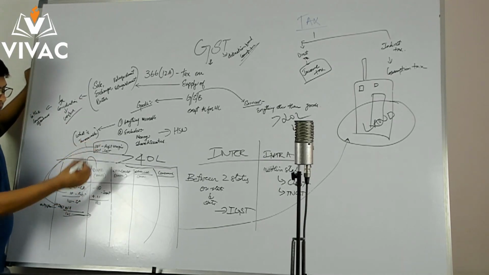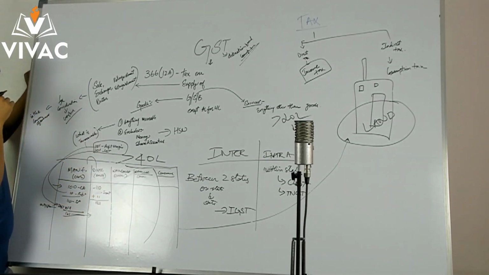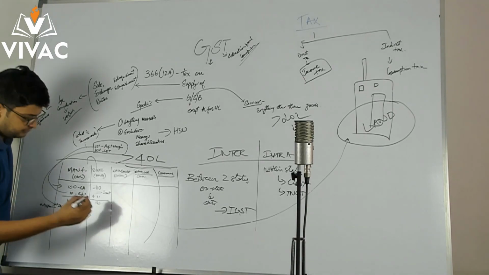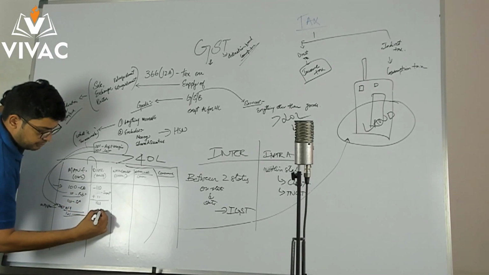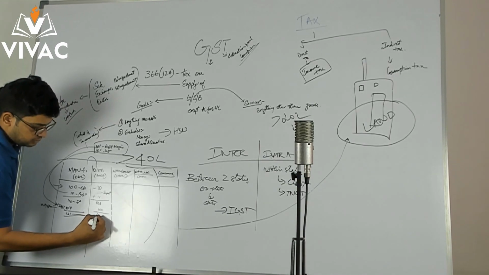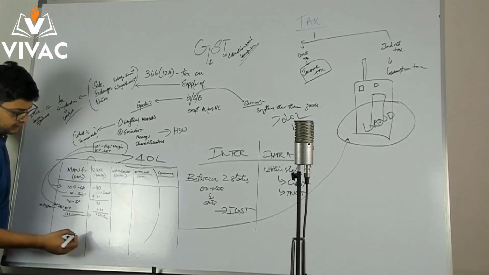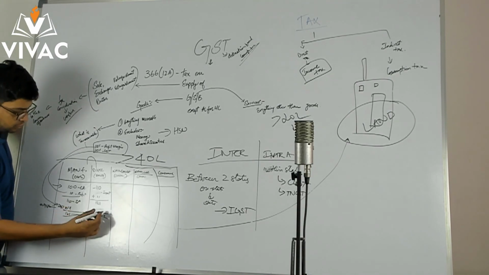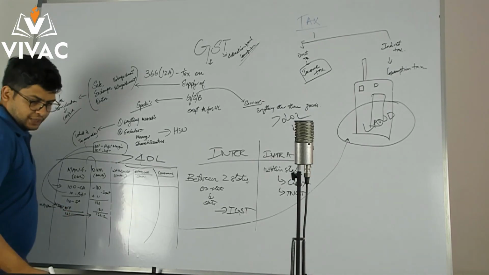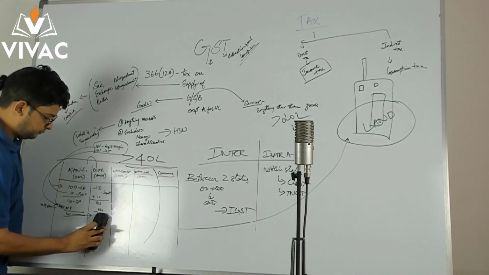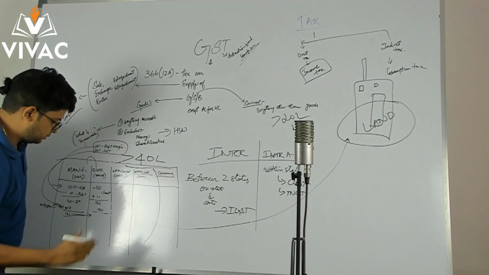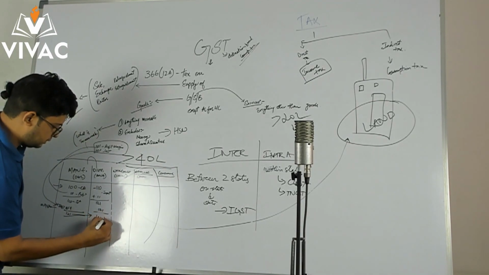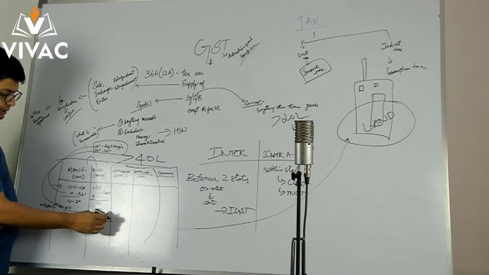On that, he will charge 10% IGST. So 132.1. He will sell to him at 132.1.